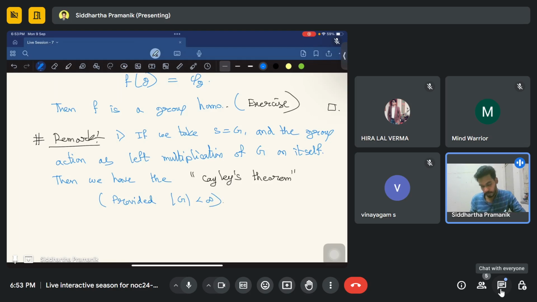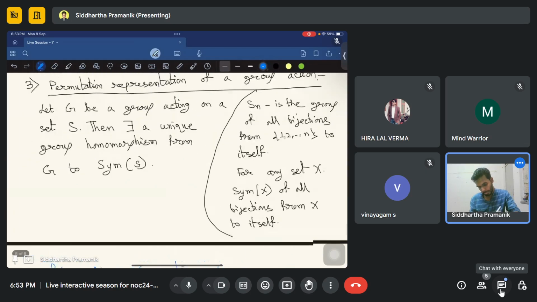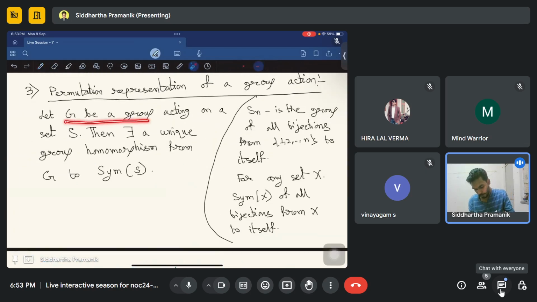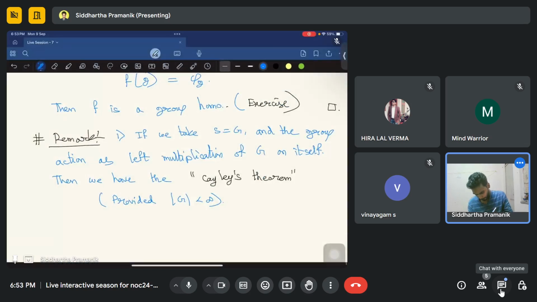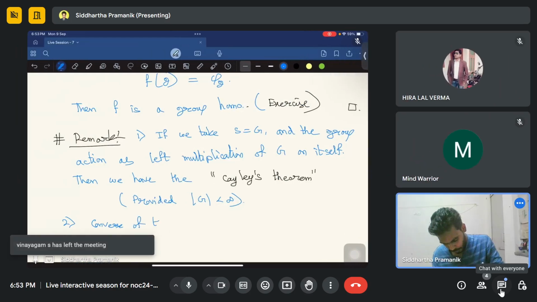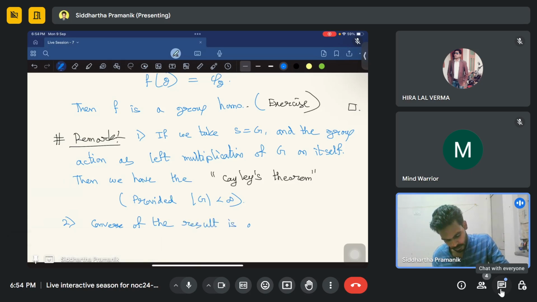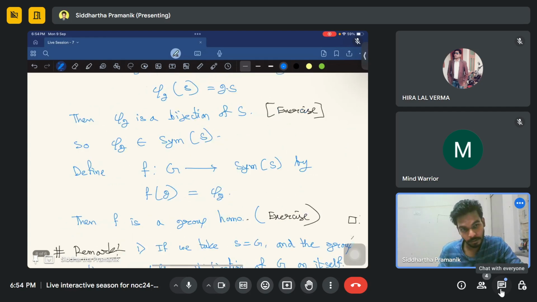So that is one thing. And the second thing which is also interesting, provided a group action, we have a homomorphism. And the second fact is the converse of this result is also true. So what is the converse of this result? Can anyone say what the converse is, or guess anything at least?